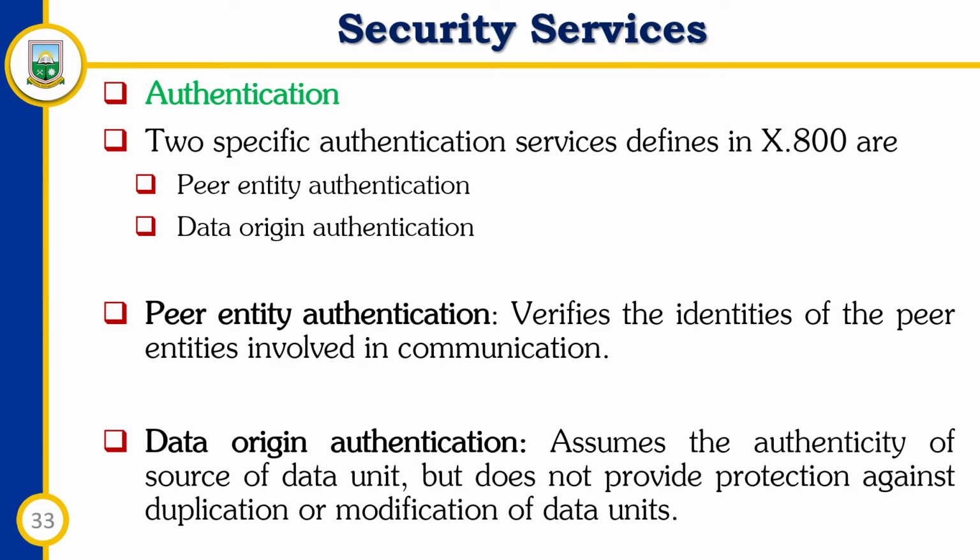Now for data origin authentication, it assumes the authenticity of the source of data. Where is the data coming from? But it does not provide protection against duplication or modification of the data unit itself.